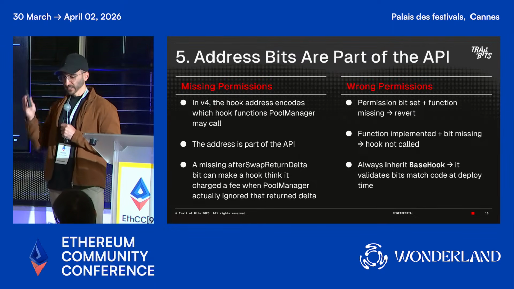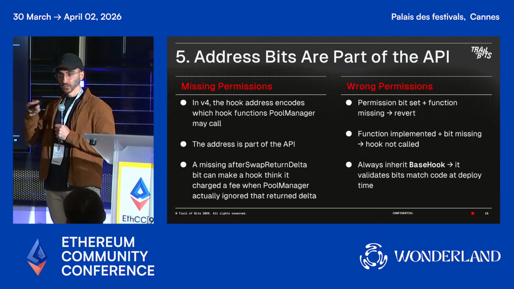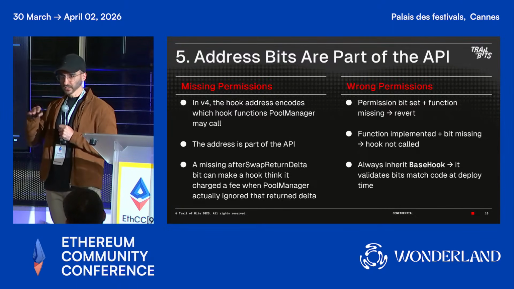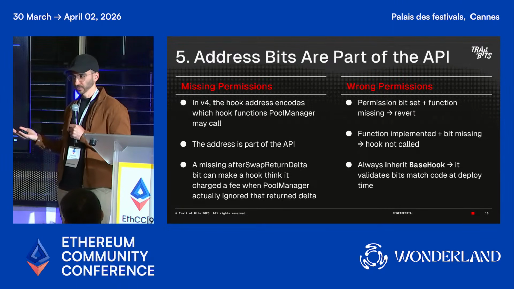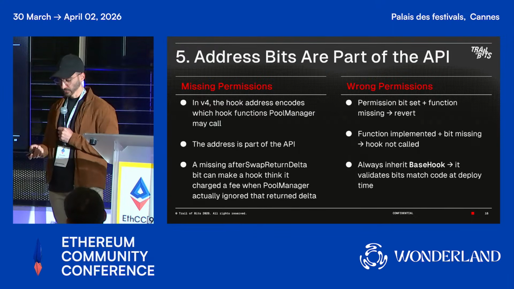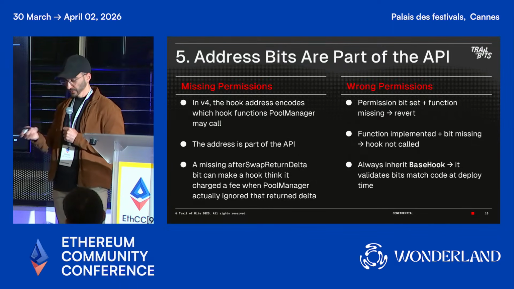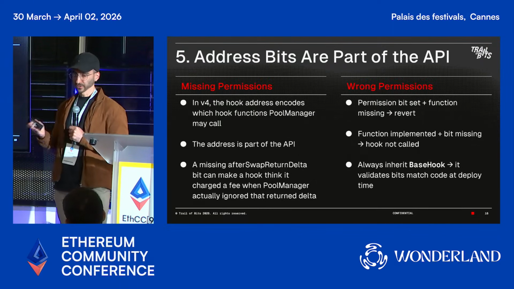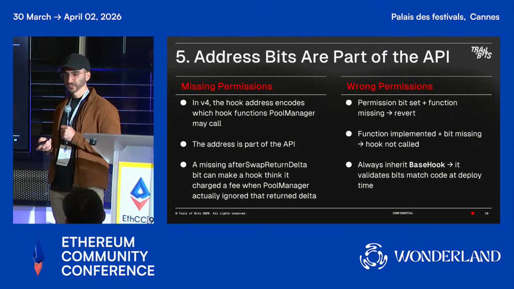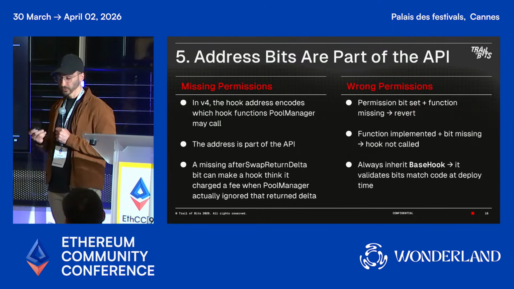Unfortunately, it means that at the end, when the pool manager should be doing its settlement calculation, it will always be off because there will be some return delta that is left. And so one simple fix, as I said earlier, this is why you should definitely always be using BaseHook, is to implement it, because it will validate that the bits match the code at deploy time.